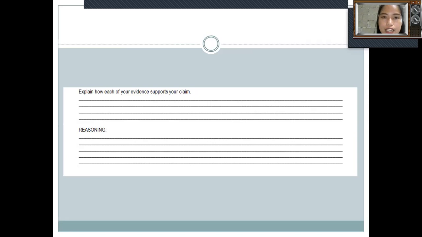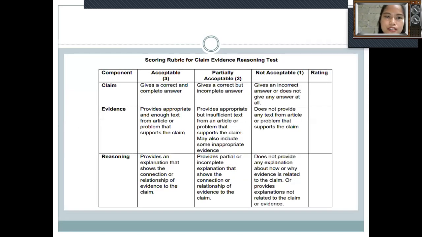Okay, so here is the scoring rubric for the claim evidence reasoning test. There are 3 components: claim, evidence, and reasoning. So 3 points if it is acceptable, 2 points partially acceptable, 1 point not acceptable.